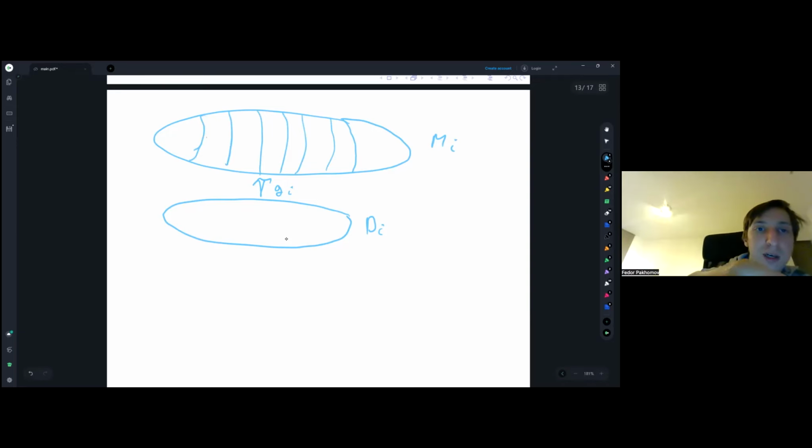So basically, each layer has one fixed initial point.